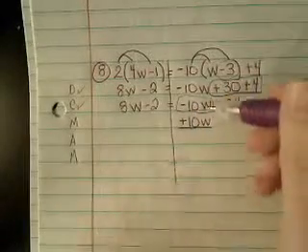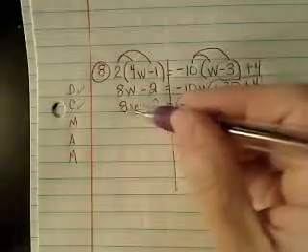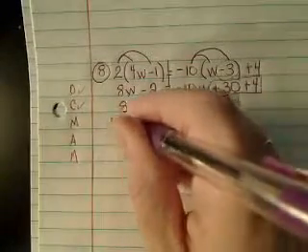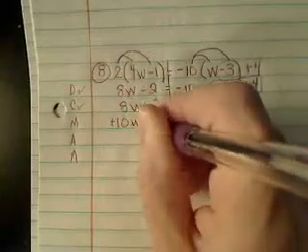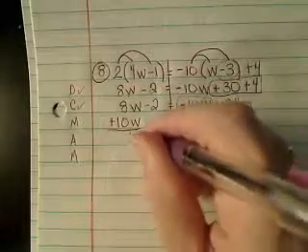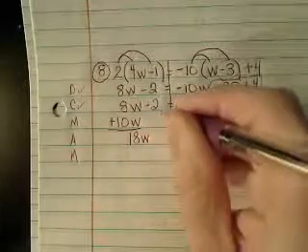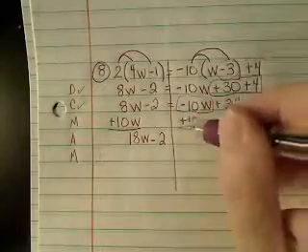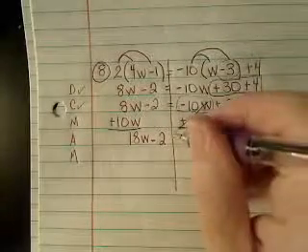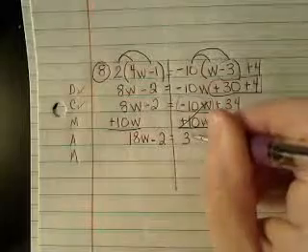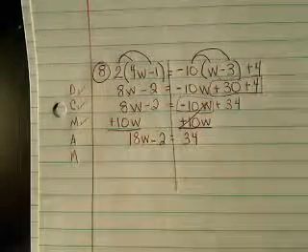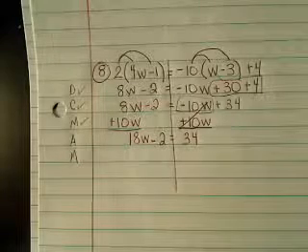If I add 10w to this side, I'm going to line it up under this like term, and I'm going to add 10w over here. This gives me 18w. Going to bring down the minus 2. Those cancel. Going to bring down the positive 34. We just did step 3, which was to move the variables to the same side.